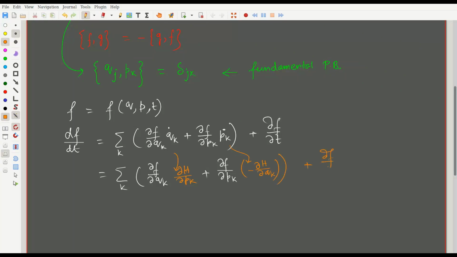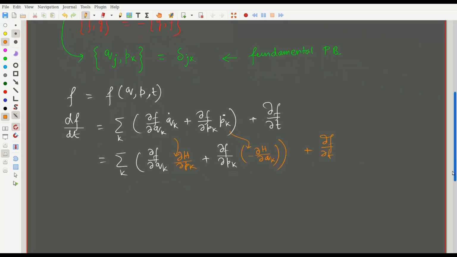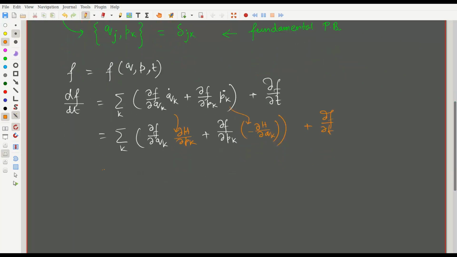So plus ∂F/∂t. So if you check this, this is basically the Poisson bracket between F and H plus ∂F/∂t.